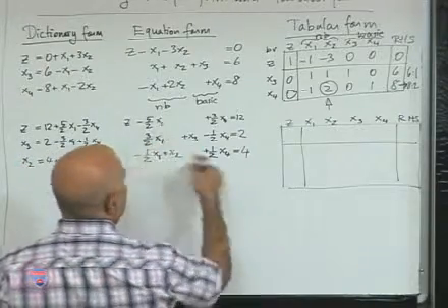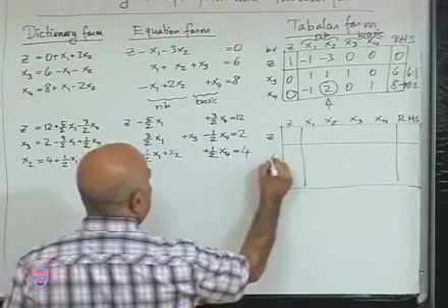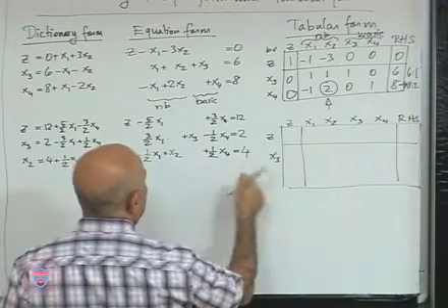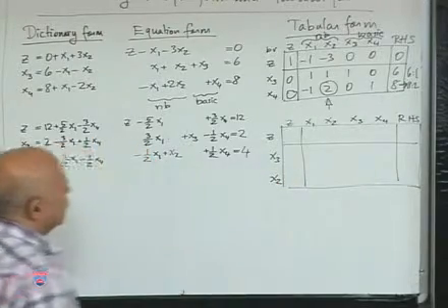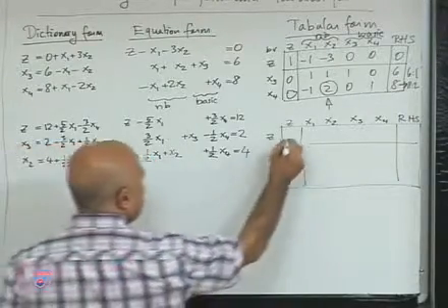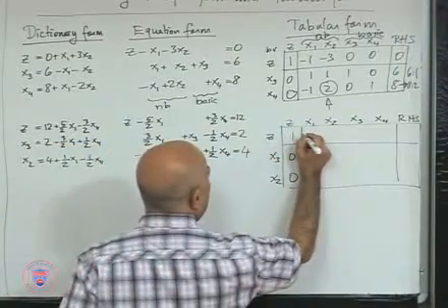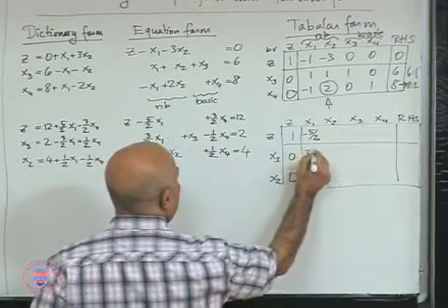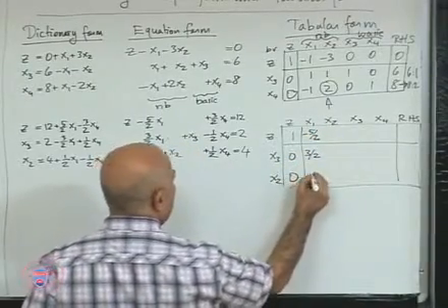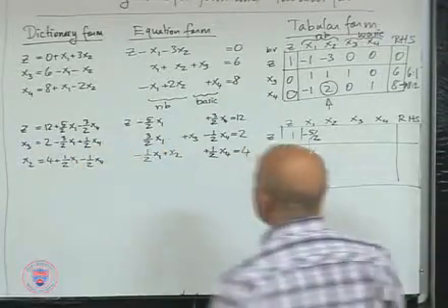The basic variables will be z, x3, and x2. That's the x1 column.